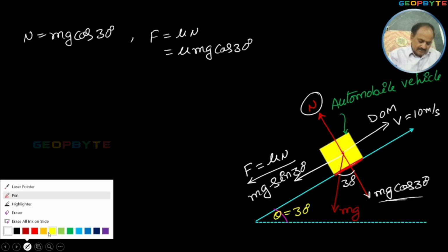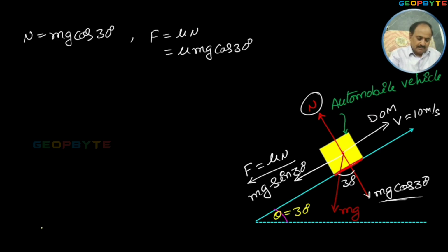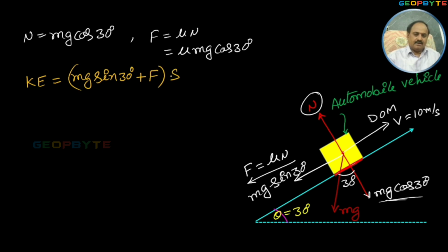Then let us write the energy balance equation. Here the vehicle is maintaining kinetic energy. The kinetic energy maintained by the vehicle must be equal to mg sin 30 degrees plus frictional force, into the displacement of the vehicle. Net force multiplied by displacement gives the net energy.